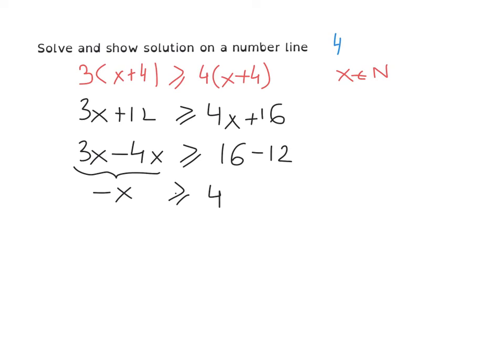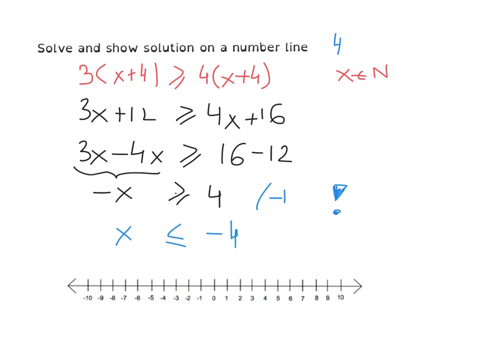Okay, and at the end we have minus x, and we have to find what x is. So we have to either divide or multiply by -1 to get x, and then, very important thing, we flip our inequality sign. Okay, so that's our answer, and now time for a number line.